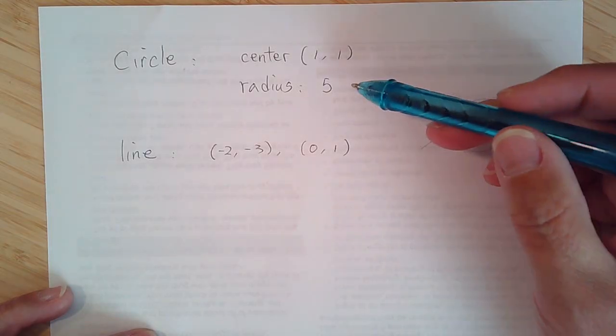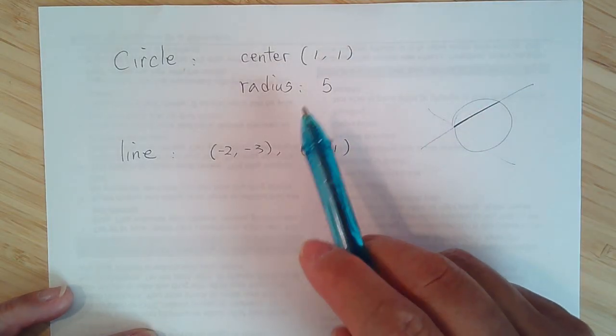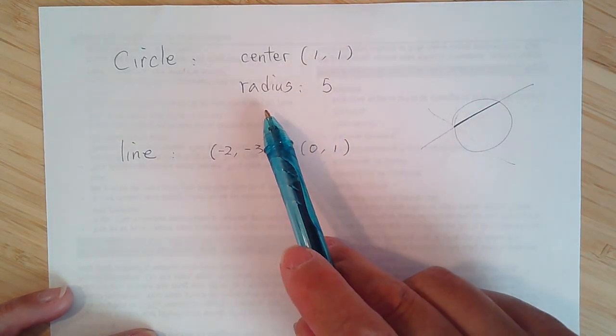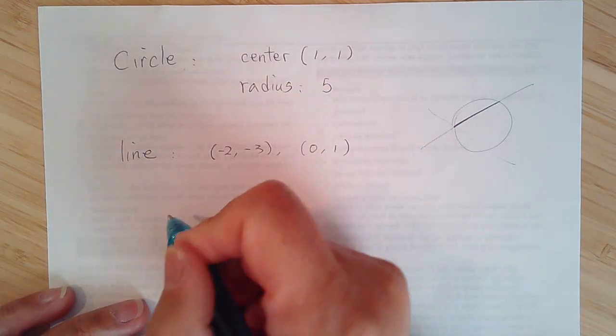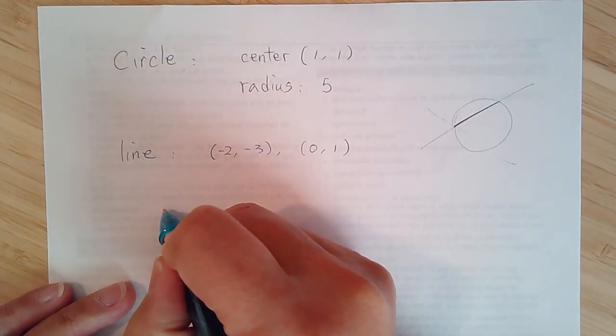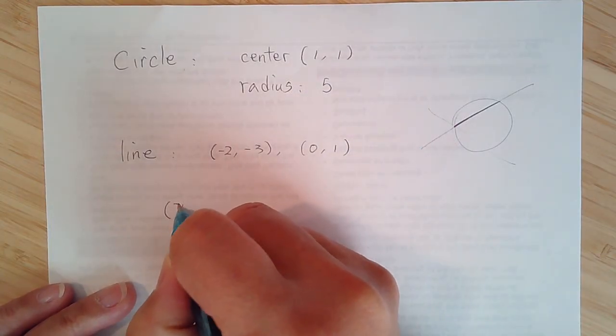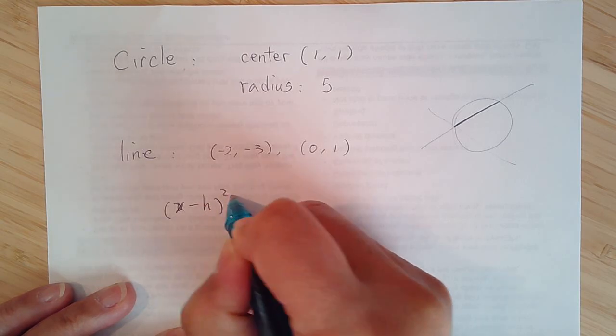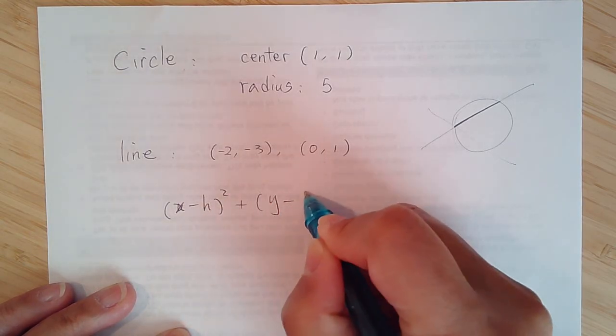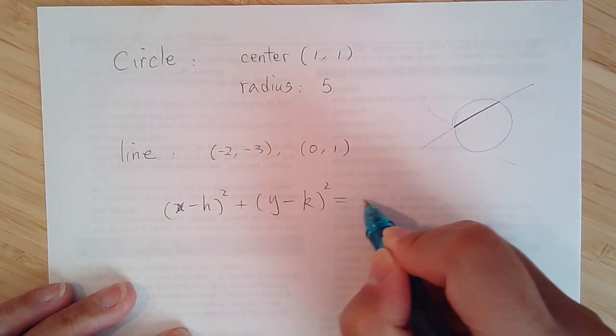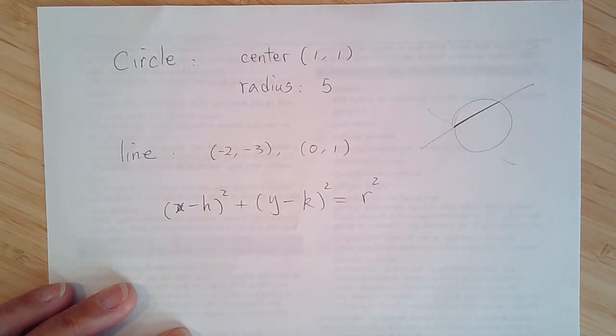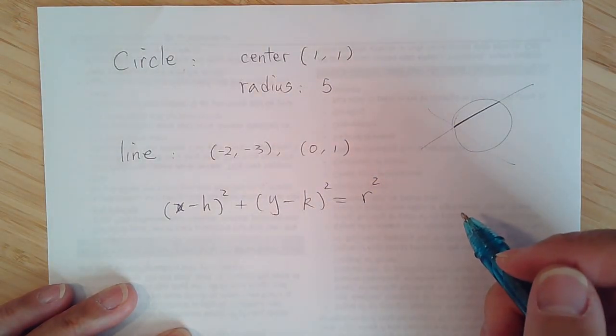Now let's work on this circle first. We have a center at (1, 1). We have radius 5, and we know the circle has this form: (x minus h) squared plus (y minus k) squared equals r squared. This is what we call the center-radius form.